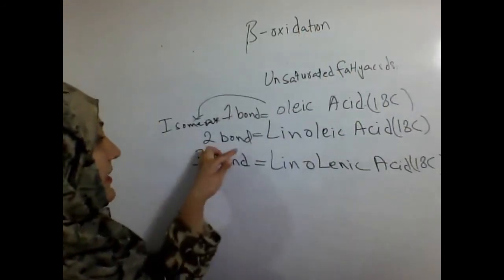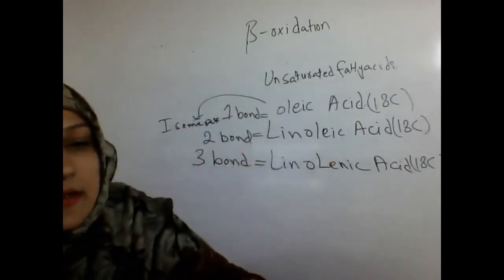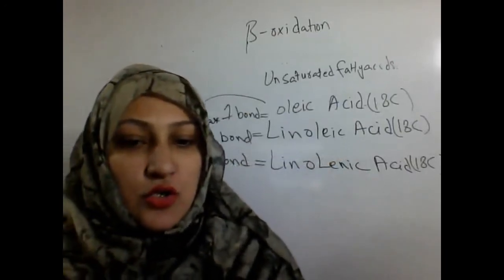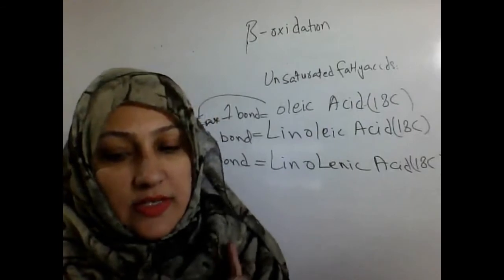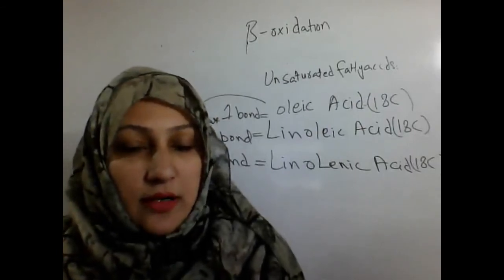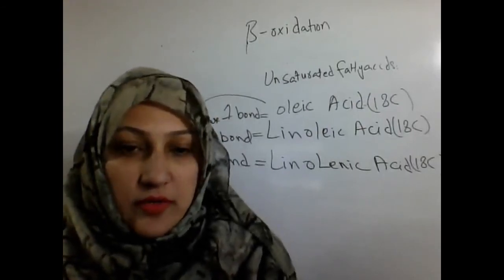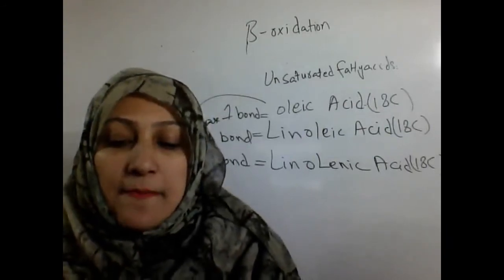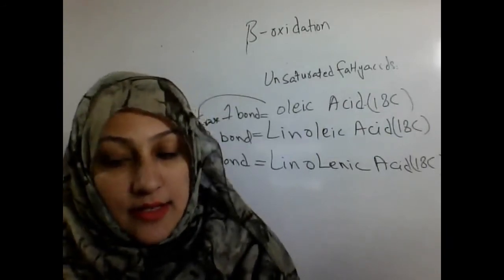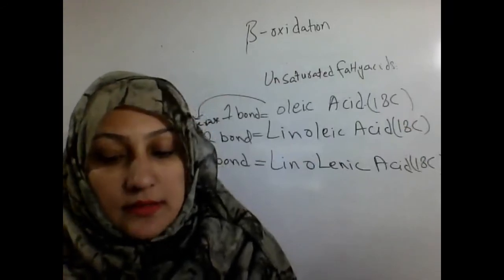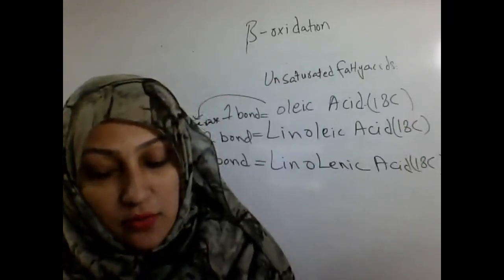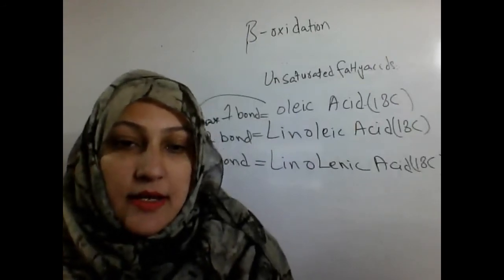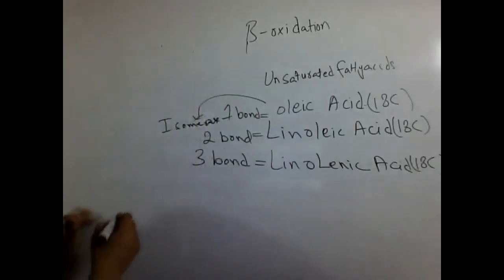Similarly, in case of linoleic acid, which contains 2 double bonds, the first enzyme used for the breakage of the first double bond is the isomerase enzyme, and the second double bond is broken down by the NADPH dependent reductase enzyme.